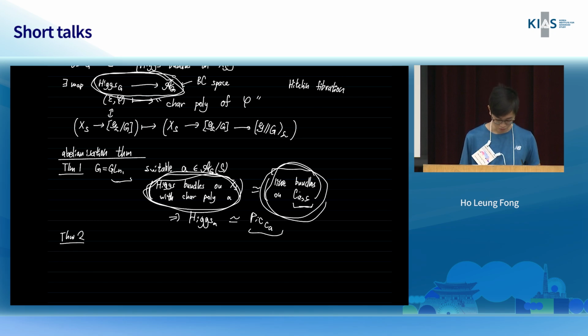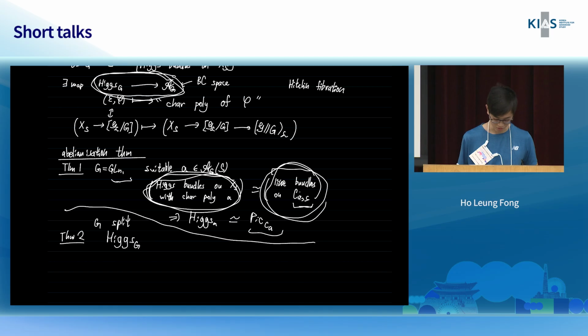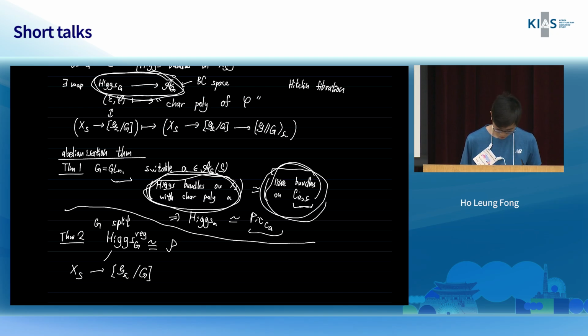Maybe I just state one more theorem. So now G is a general split connected reductive group, and the regular part of Higgs_G is isomorphic to P, where this Higgs_G^reg is a certain substack of Higgs_G, and it classifies those maps like this.